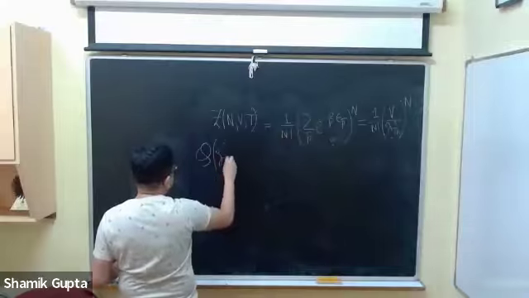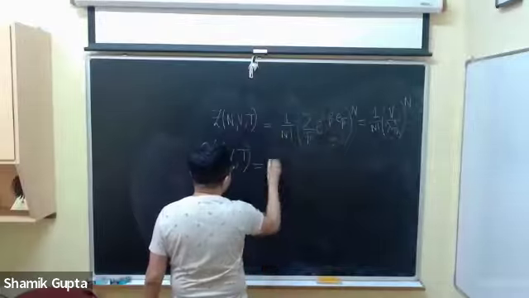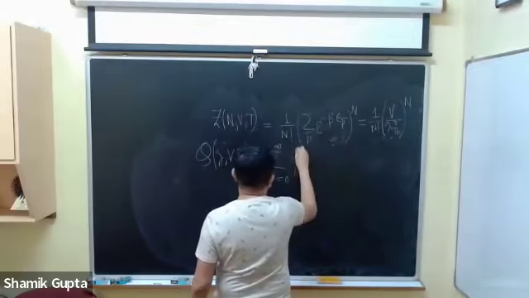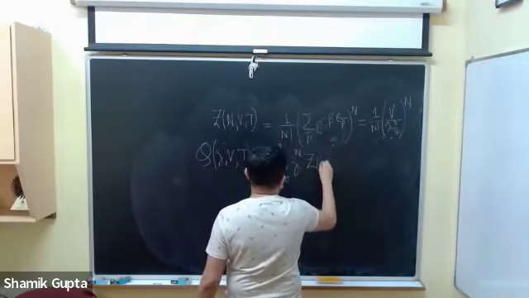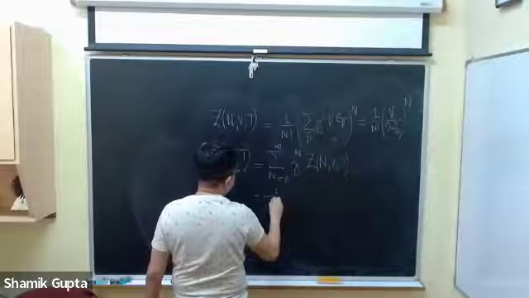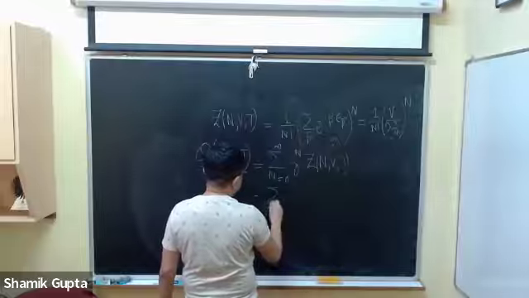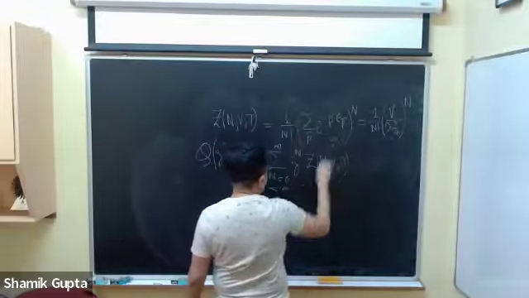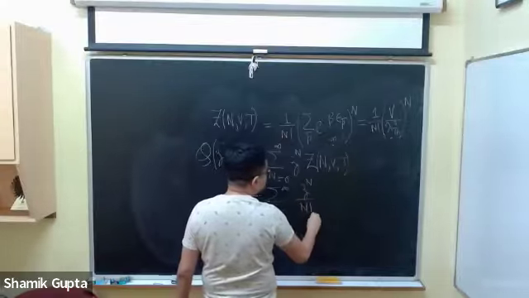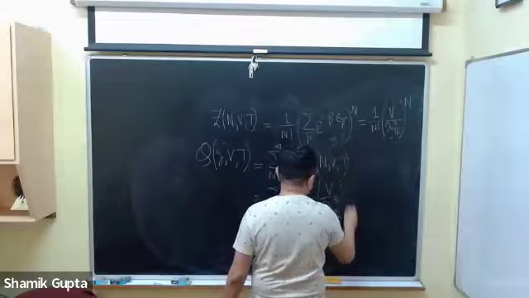The grand canonical partition function, that would be the summation n going from 0 to infinity of z to the power n times Z of N, V, T. So therefore I need to do the summation over n from 0 to infinity, I just substitute from there, z to the power n by n factorial of (V by lambda thermal cubed) whole to the power n.